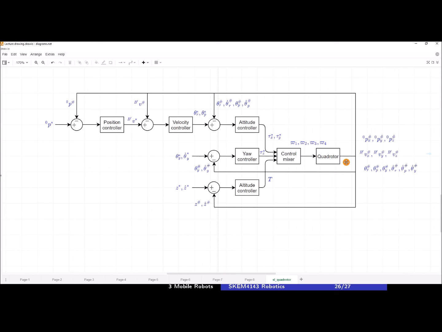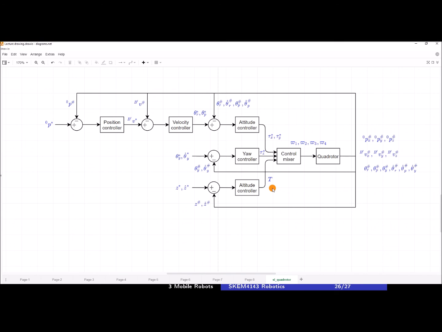So in a way it's a bit different from other systems that you have seen, because here, in order to minimize the position error, we have to compute quantities one by one, until we get to the desired torque value and the thrust value. So from position, we have to compute desired torque and thrust.